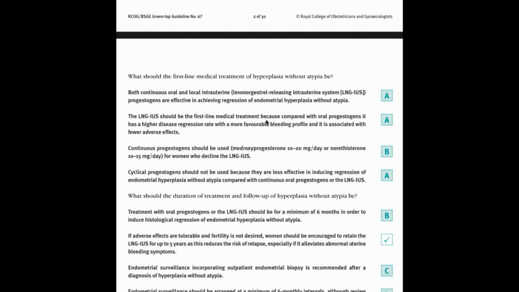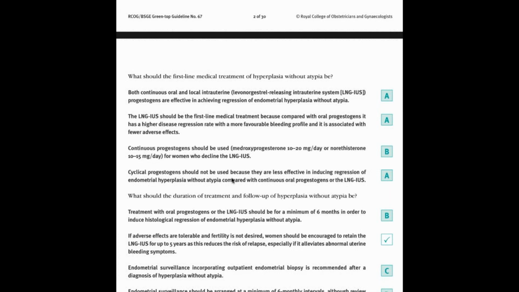And then you tell her what is the difference between the oral progesterone and the Mirena, and why you favor the Mirena over the oral progesterone. Okay, tell her it's less effective, and also it has more side effects because the hormone is going through your bloodstream, while with the Mirena coil only a small amount of hormone goes to your bloodstream. Okay.